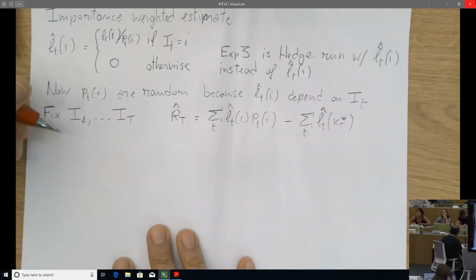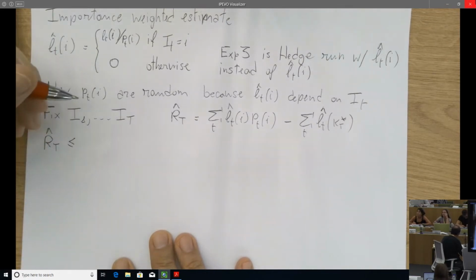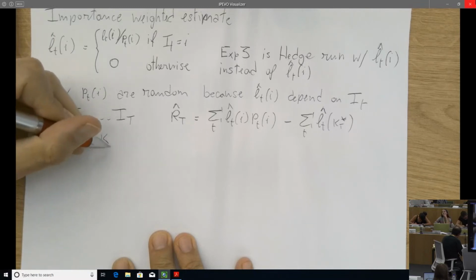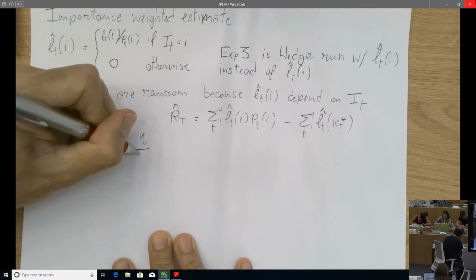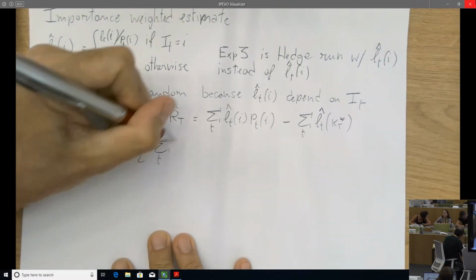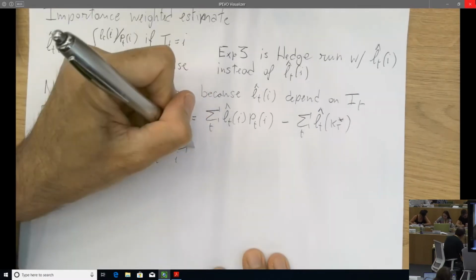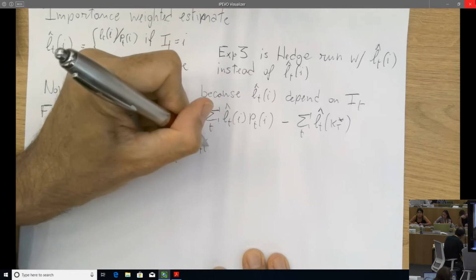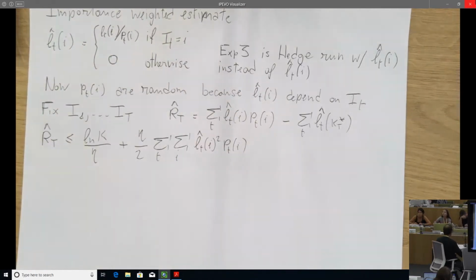So now I can write this bound: ln k divided by eta, this is unchanged, plus eta over 2, sum over t, sum over i, of L hat t,i squared times p_t,i. Cool.